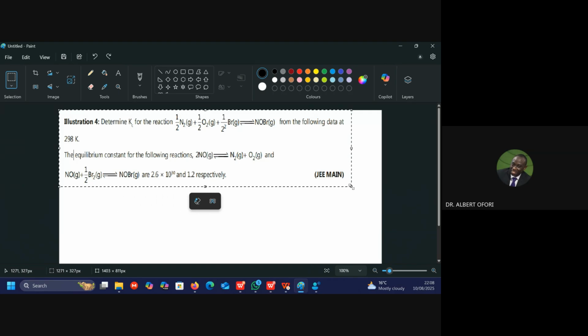So we have to determine this with the data given. This reaction is coming from this reaction and this one, with their K values respectively. I've given you two equations, and I want the Kc value for this reaction. So what do we do?